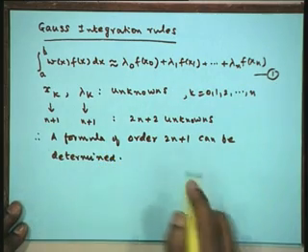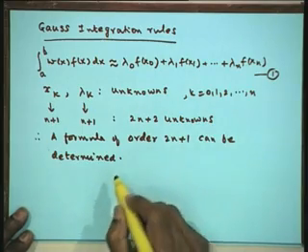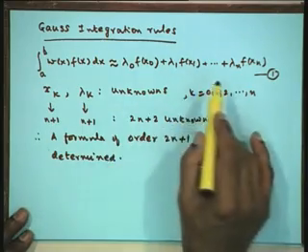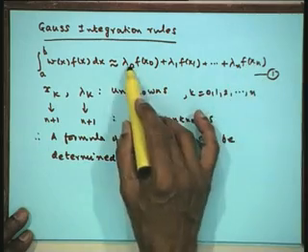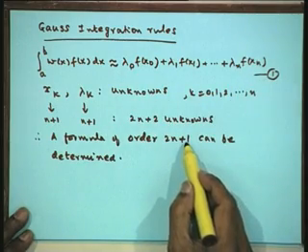Now, it is indeed true that a formula of such order really exists, and we can derive that particular formula such that this n plus 1 point rule can become a formula of order 2 n plus 1.